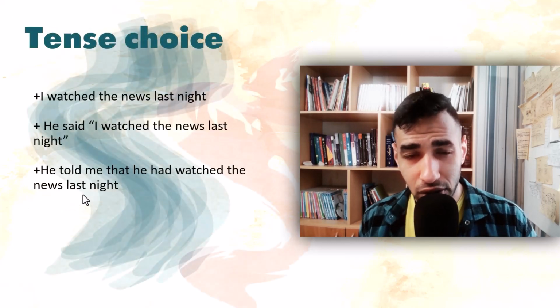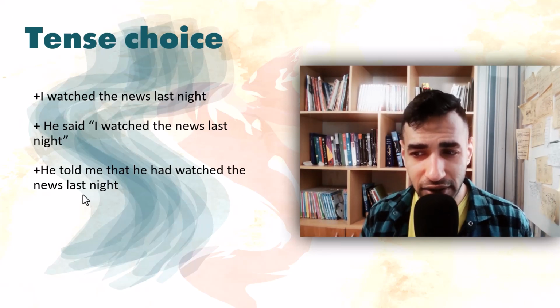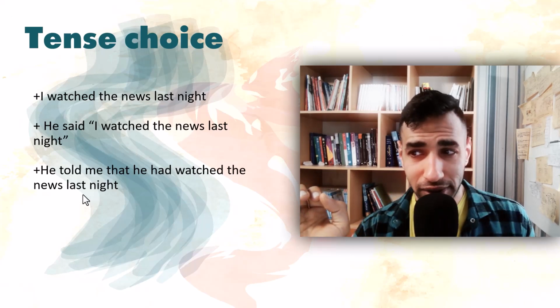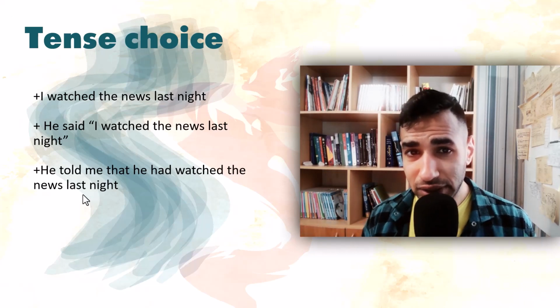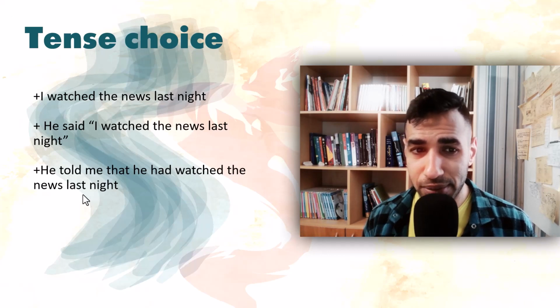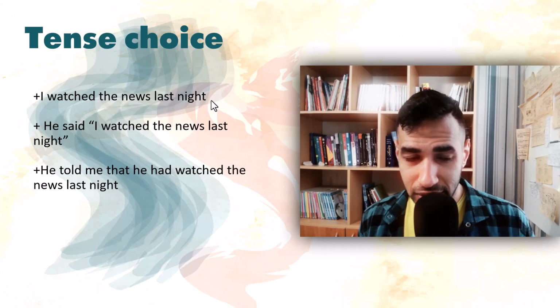First, we want to do a review of tense choice. I have a full video about tense choice, and you can find this video on my channel. When a statement in direct speech changes to indirect speech, the statement becomes a noun clause. For example, I watched the news last night. He said, I watched the news last night.